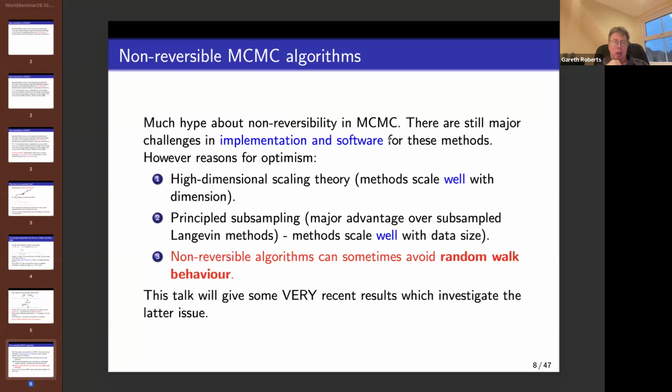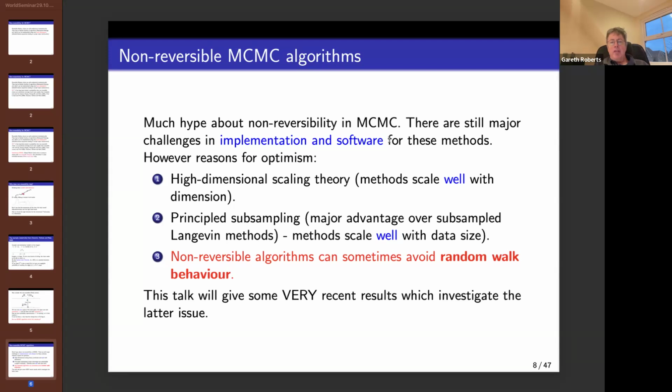But certainly initially the results on non-reversible MCMC have been very positive. In particular, I think a lot of the results about high dimensional scaling theory, how the mixing times and other measures of convergence scale with dimension, some of the early results have been very encouraging in that respect.